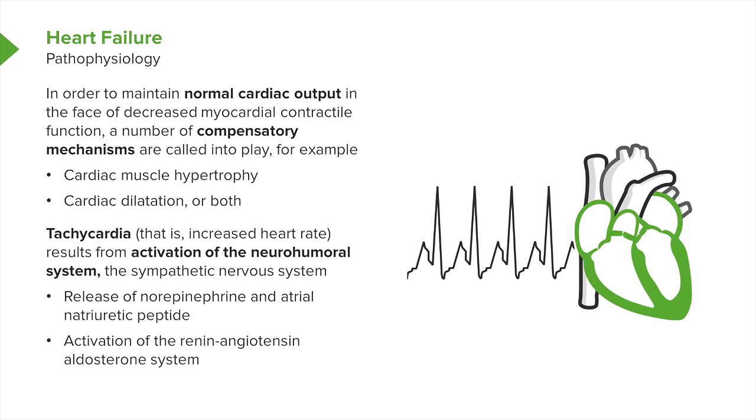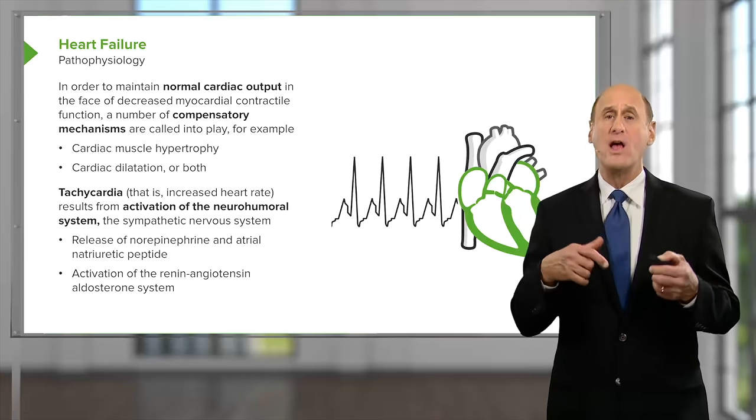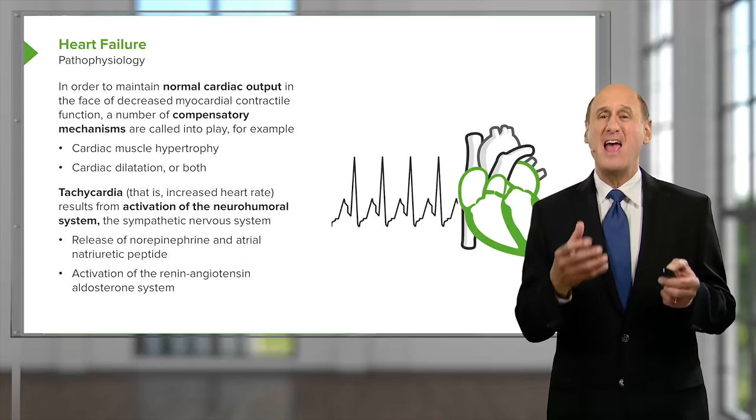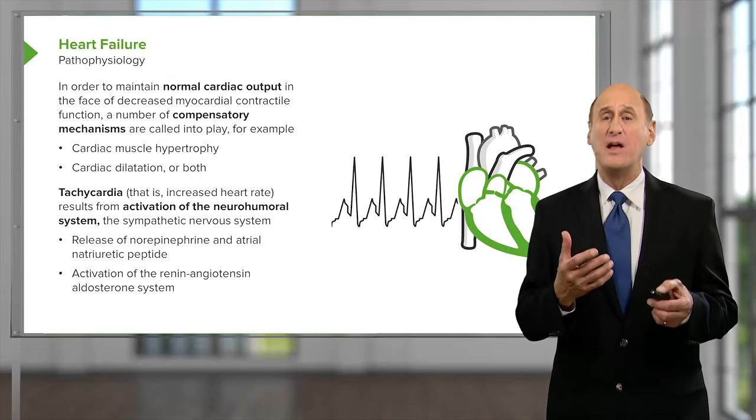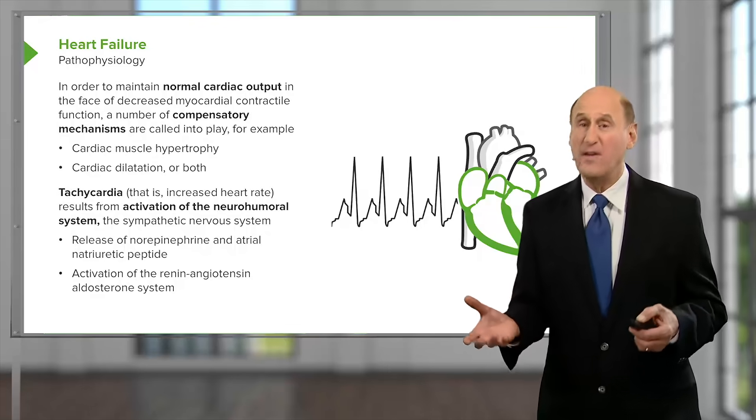In other words, the reduced pumping ability, the body interprets as, oh, there's a lack of blood from a hemorrhage, or there's a lack of fluid in the circulation because of dehydration. And it sets off a whole bunch of compensatory mechanisms aimed at holding on to fluid, water, and salt.